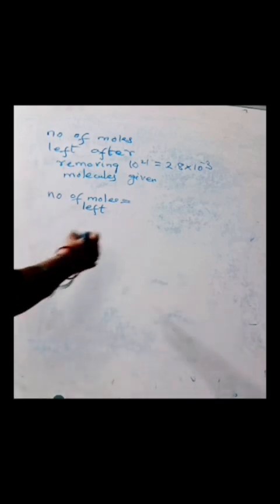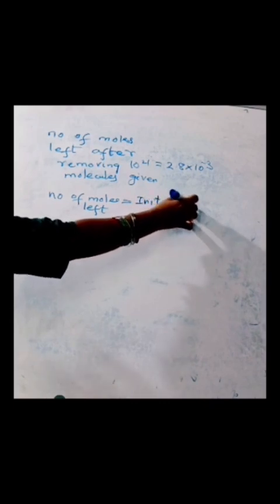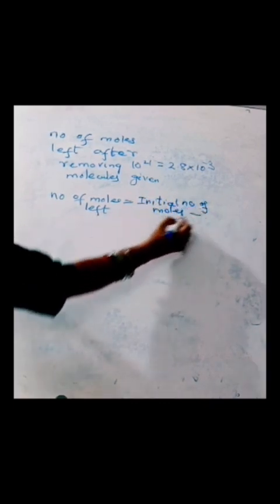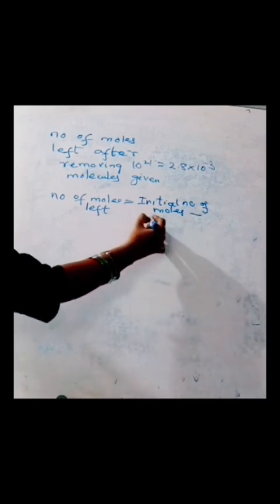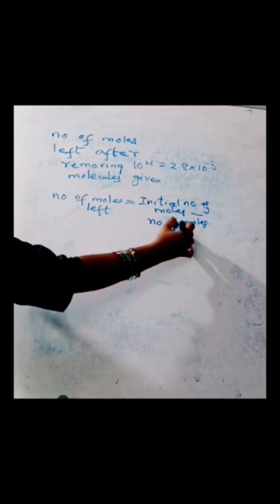Number of moles left after removing 10 power 21 molecules is given as 2.8 into 10 power minus 3. This number of moles left is equal to initial number of moles minus number of moles removed.